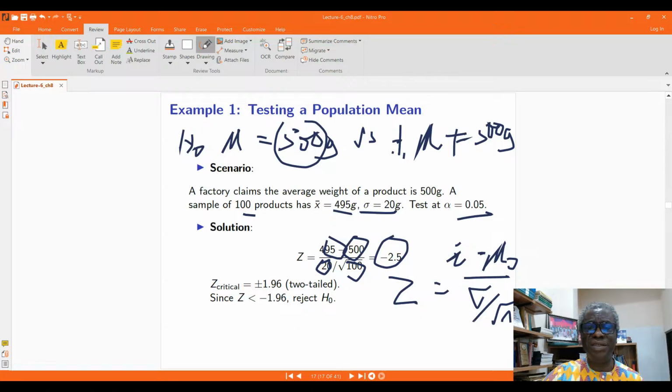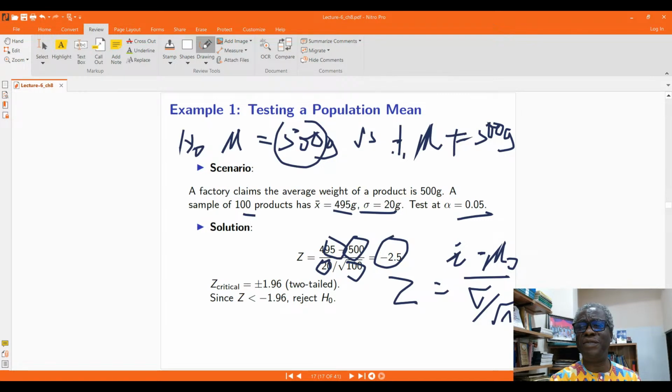So in this case, you now have to use your alpha to determine what the critical value is. And we've discussed how you will get the critical value in the table.